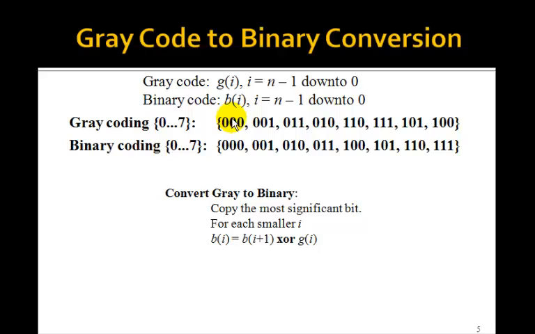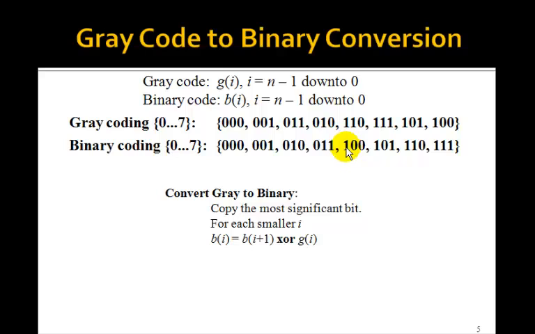So 0 exclusive OR with 0 is 0, 0 exclusive OR with 0 is 0. Copy the 0, 0 exclusive OR with 0 is 0, 0 exclusive OR with 1 is 1. Copy the 0, 0 exclusive OR with 1 is 1, 1 exclusive OR with 1 is 0. Copy the 0, 0 exclusive OR with 1 is 1, 1 exclusive OR with 0 is 1.